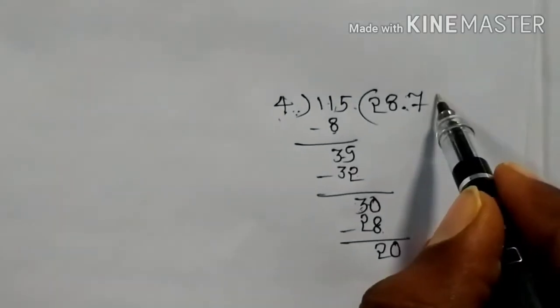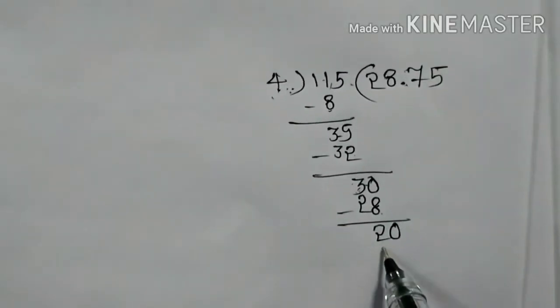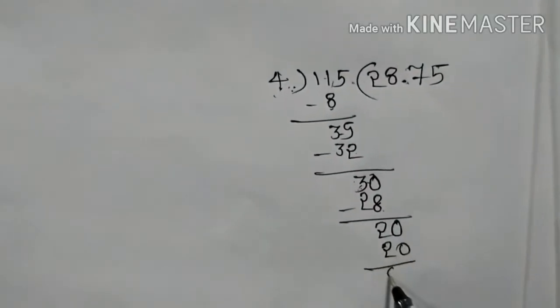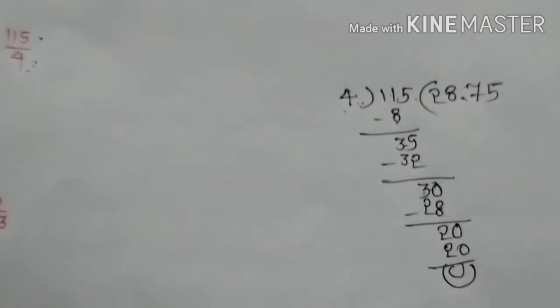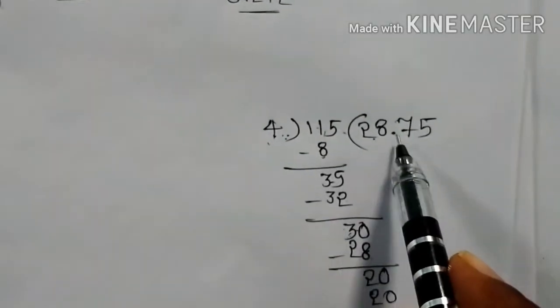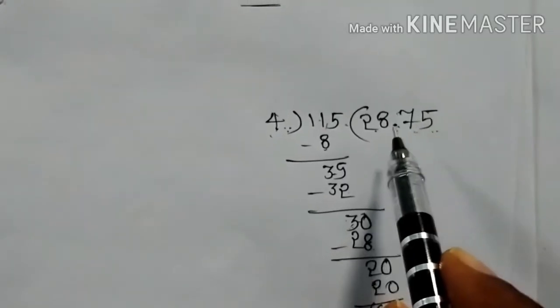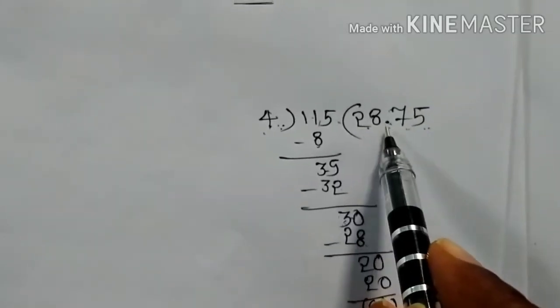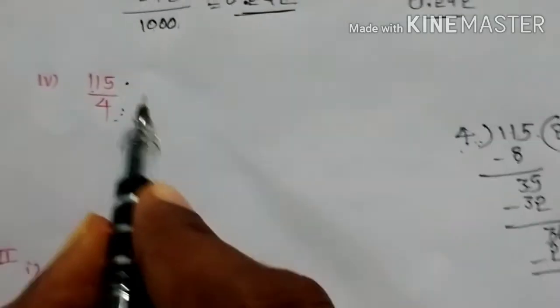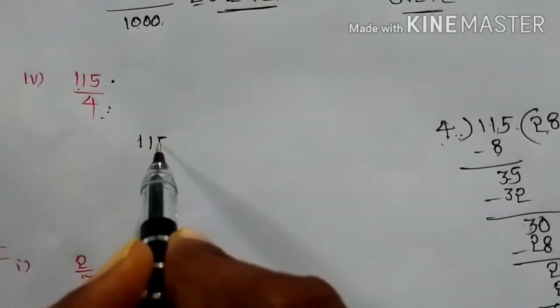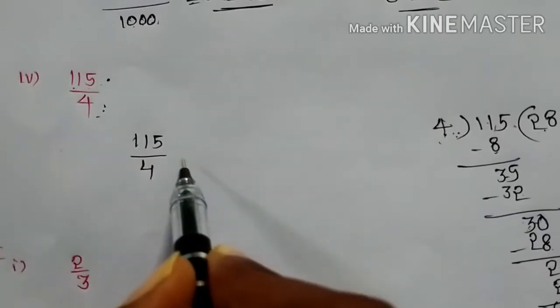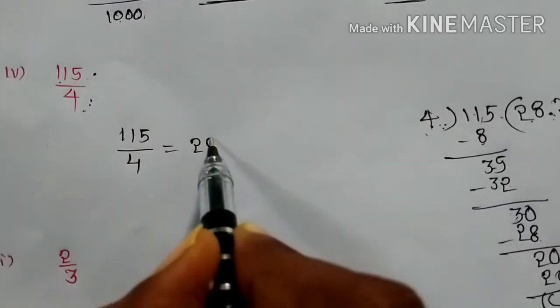Now 4 fives are 20. The remainder is 0. That means what we got here is 28.75. Read it as 28.75.